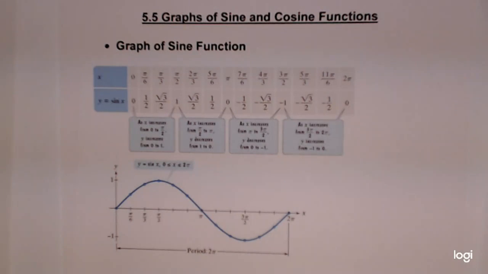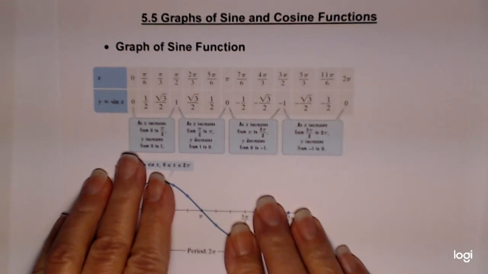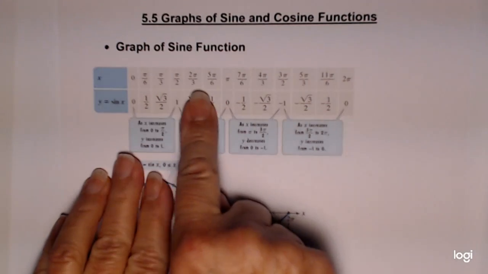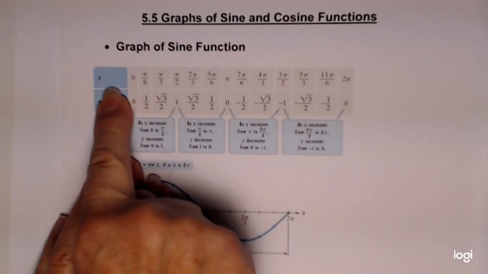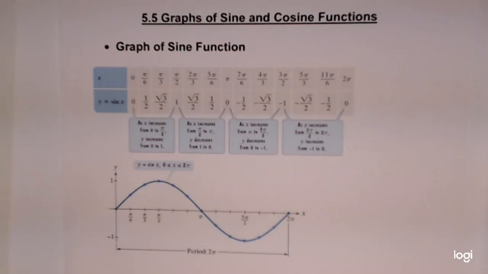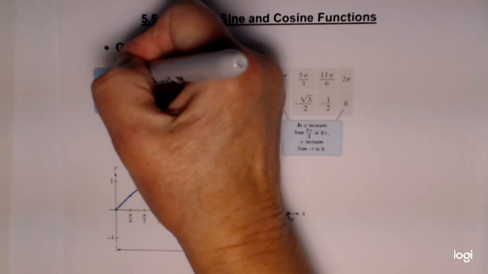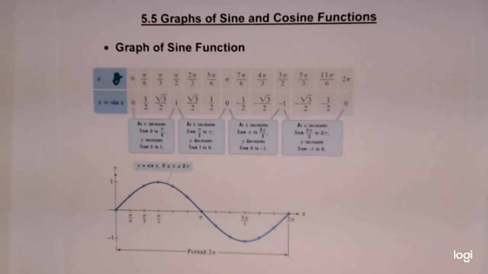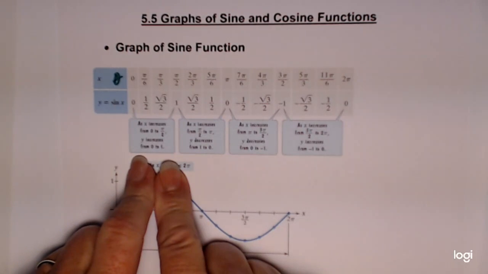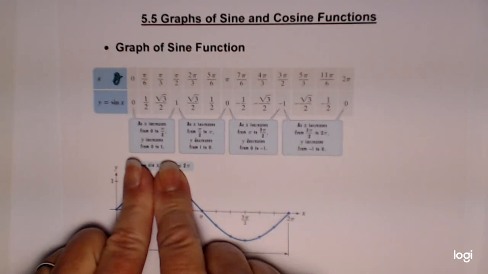So looking at graphing the sine function, we've already looked at the information for sine function in terms of our various angles, which instead of calling theta now, we're calling x, but remember, these are our thetas, our angles, and then the ratios that are the trig function sine of these angles.